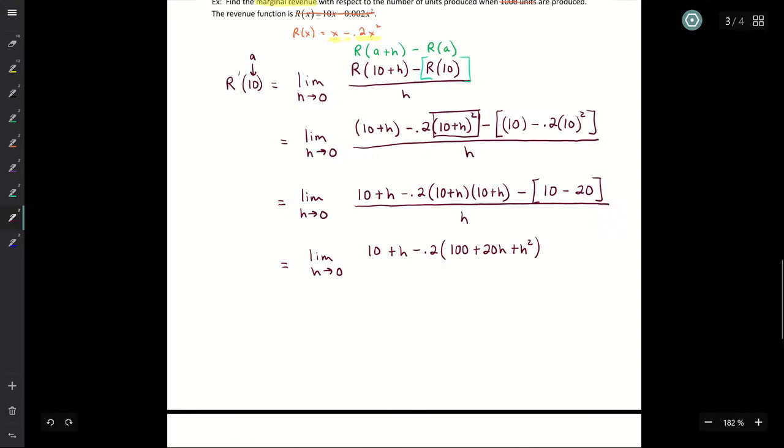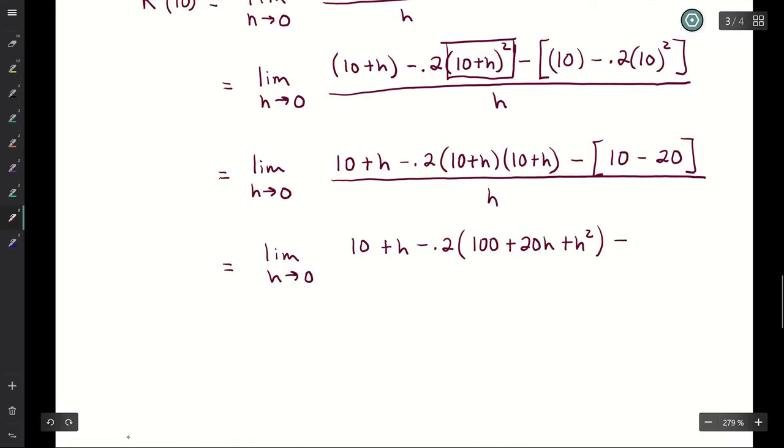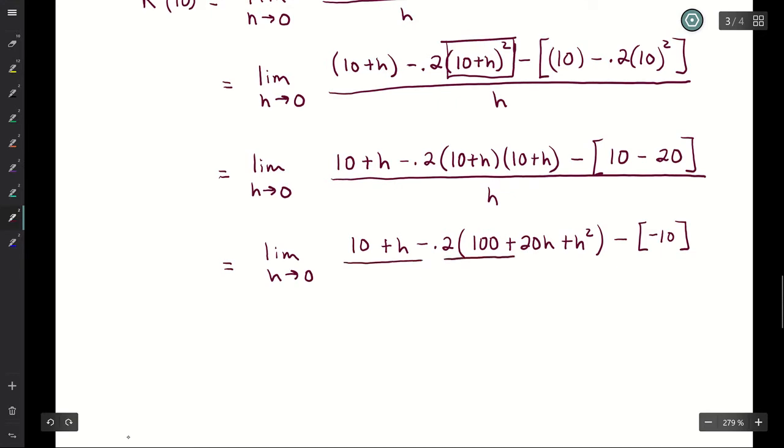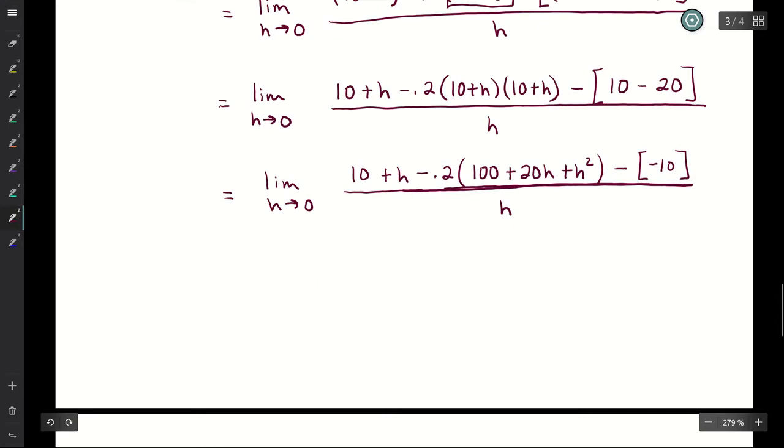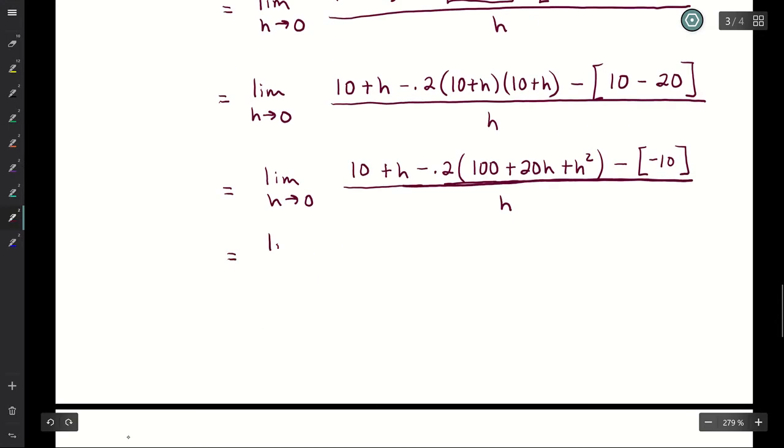All right, now we have minus, and then in here, this is 10 minus 20, which is actually negative 10. I still need that bracket so that we've got the signs being right, and that's all over h. And then we have limit, h goes to 0. All right, and then from here, we're going to go ahead and simplify. So we have 10 plus h.